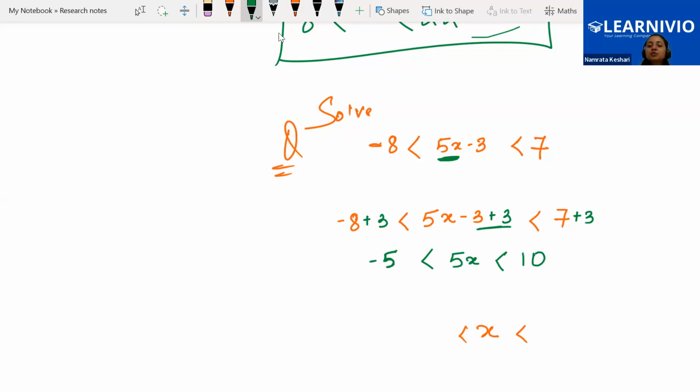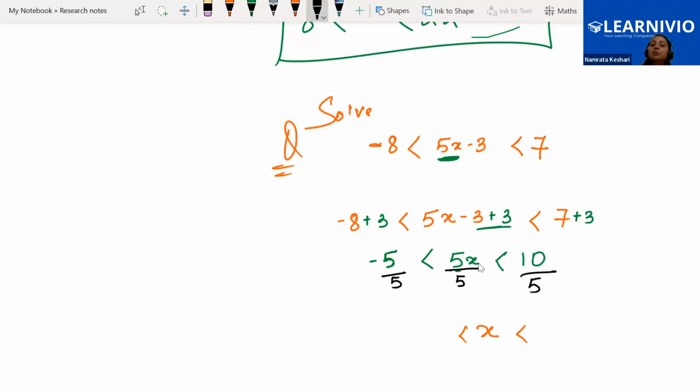Now we are supposed to remove this. We have to make x in the middle. So we will be removing the 5 which is multiplied with x. For that, what do we have to do? Divide by 5.